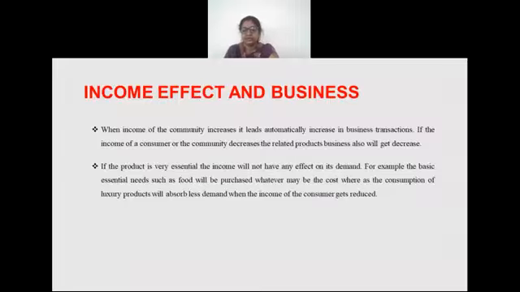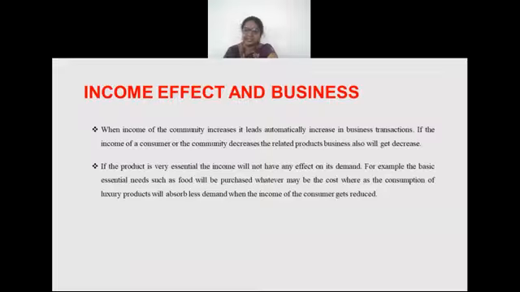If the product is very essential, the income will not have any effect on its demand. Very essential product. Suppose rice. Rice is 50 rupees a kg, 60 rupees, 100 rupees a kg, a person will have to buy and eat it, right? So for very essential products, it is called inelastic demand.